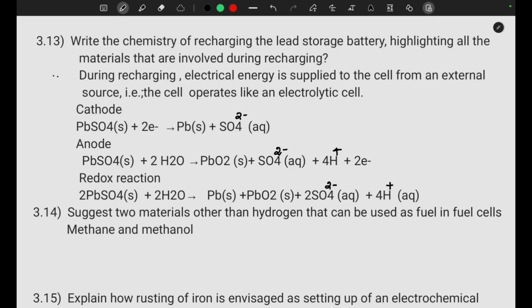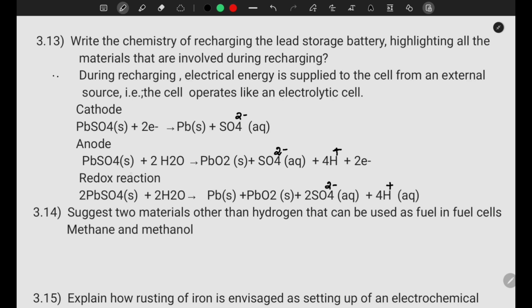Write the chemistry of recharging a lead storage battery, highlighting all the materials that are involved during recharging. During recharging, electrical energy is supplied to the cell from an external source and the cell works like an electrolytic cell. In the case of the cathode, we write the opposite reaction: PbSO4 plus 2 electrons gives Pb plus SO4 2 minus.